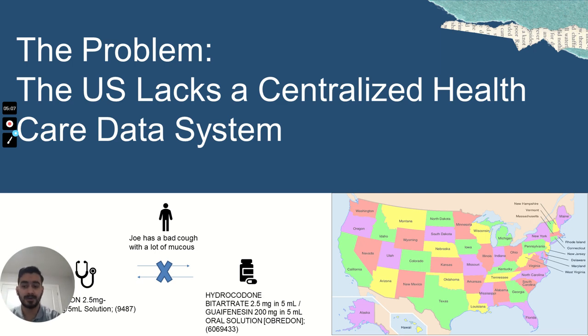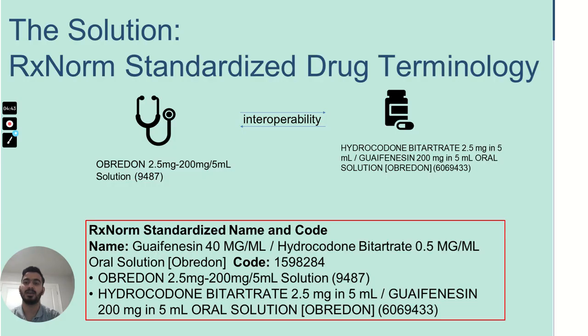When he went to the pharmacy and asked for Obradon, the healthcare system wasn't able to understand Obradon, because in the EHR system, Obradon was listed as hydrocodone bitartrate guaifenesin oral solution, which was nothing but Obradon itself. So there was some error, and Joe wasn't able to get the drug on time.